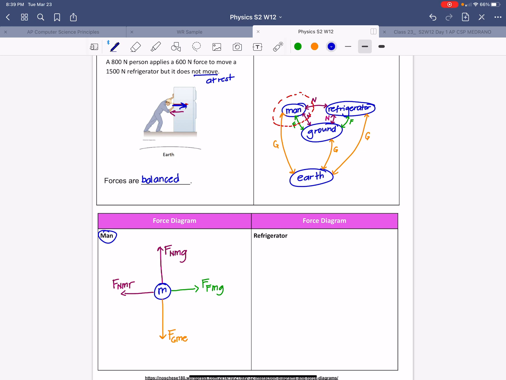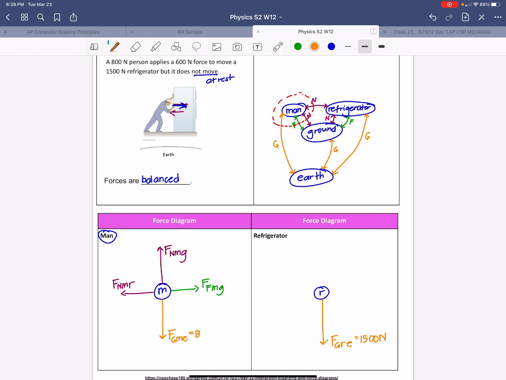And now for the refrigerator, we have the one that's going into the ground. Oh, sorry, not into the ground, to the earth. And the refrigerator is 1500 newtons. Oh, and I forgot to do this for the person. So let's go back to the man.